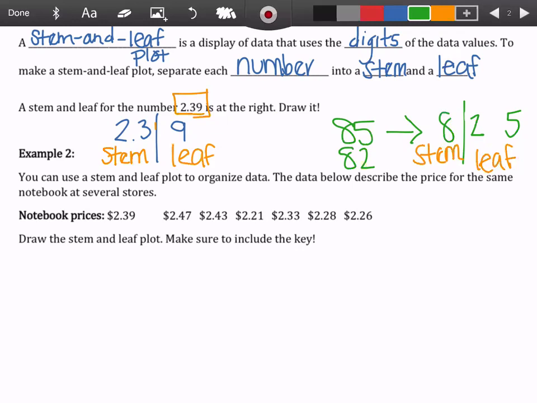In a stem and leaf plot, just like I showed you above, 82 had to be before 85. So we're going to reorder this. We're going to order this from least to greatest.